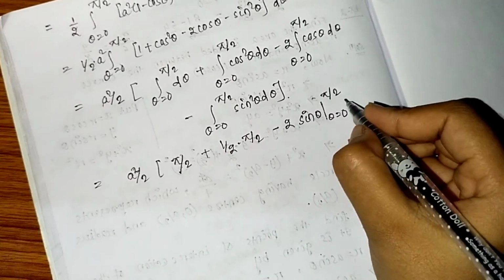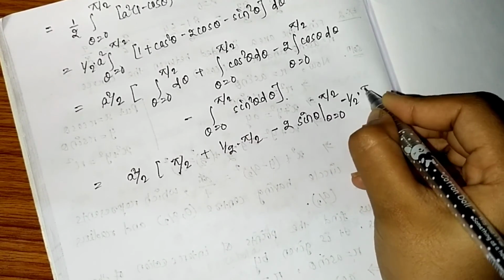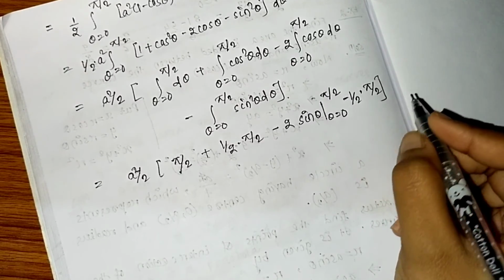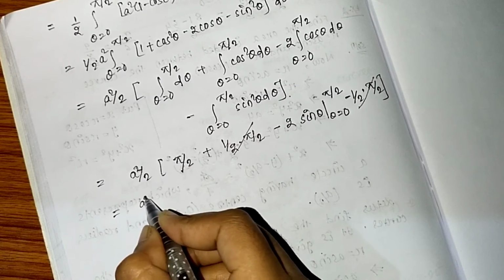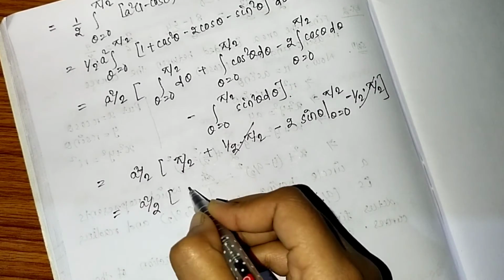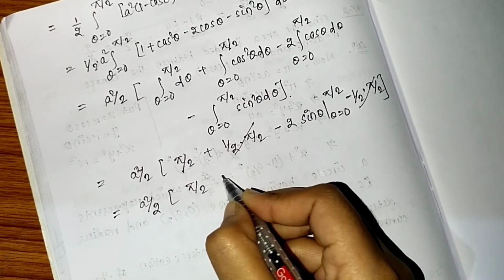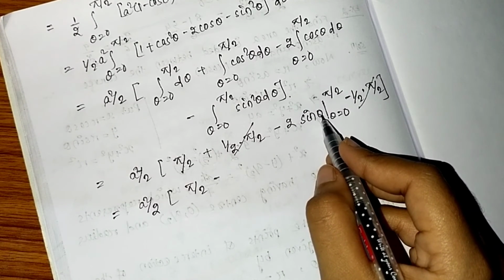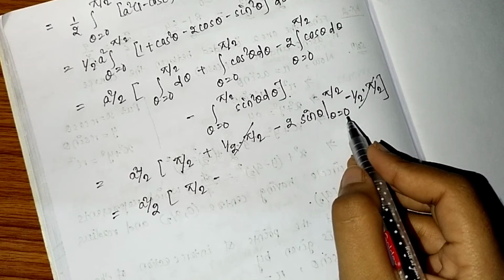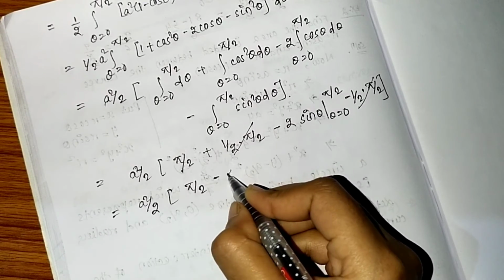Here also we get minus half into pi by 2. Then the halves cancel out, so a square divided by 2 into pi by 2 minus 2, since sin pi by 2 is 1 and sin 0 is 0, so here we get minus 2.